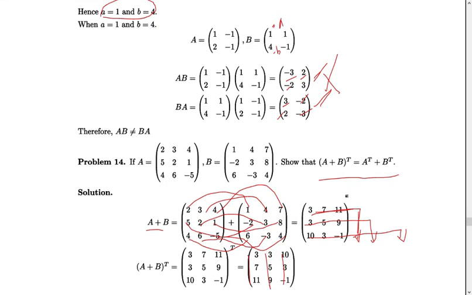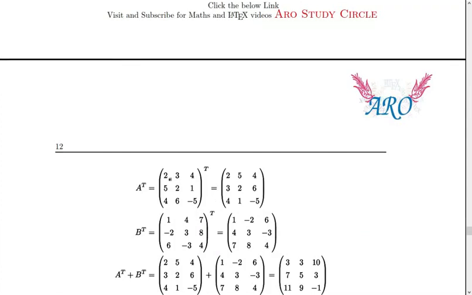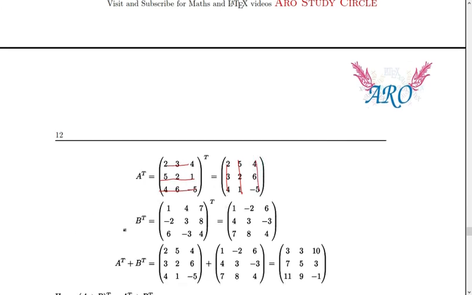So next we are going to find the value of the right hand side. The right hand side is A transpose plus B transpose. What do we know about A transpose? A is equal to this one, and A transpose has first column 2 3 4, the first row of A becoming the first column, then second row becomes second column, third row becomes third column.